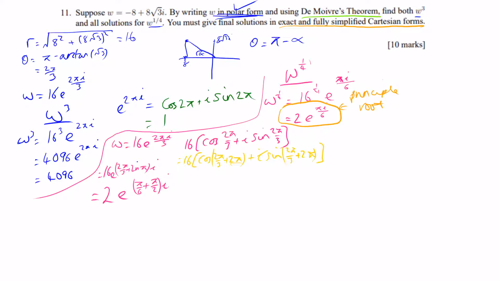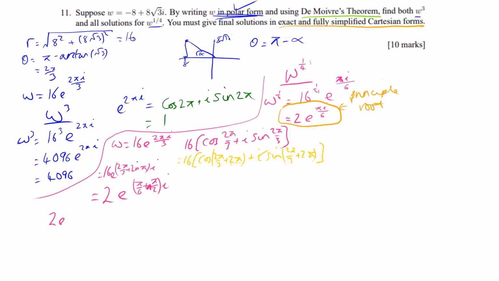Then to find the other ones, we simply add n pi by 2, multiplied by i.